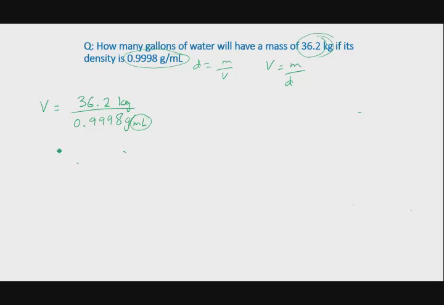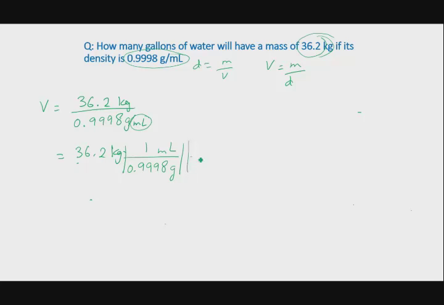If it's a denominator of a denominator, I can write this as, and notice, 1 ml in the numerator, 0.9998 grams. We can't cancel out anything at the moment because the mass units are not the same.